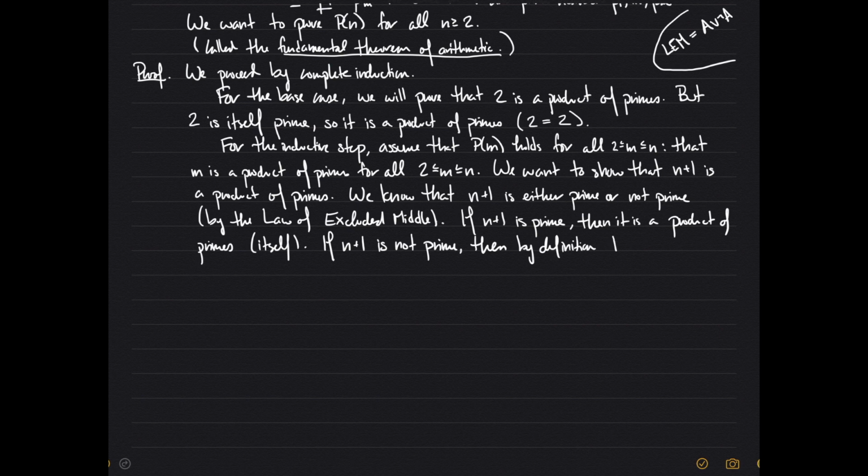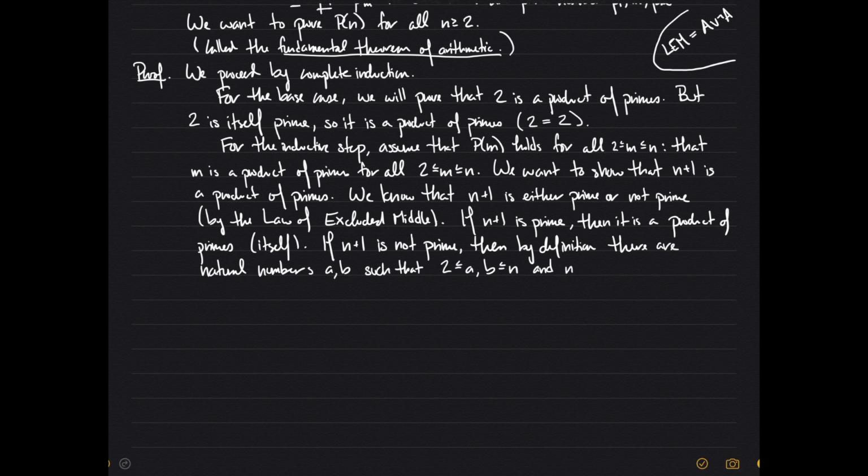So by definition, there are natural numbers, let's say a and b, such that a and b cannot be 1 or n plus 1. So they can range from 2 to n.